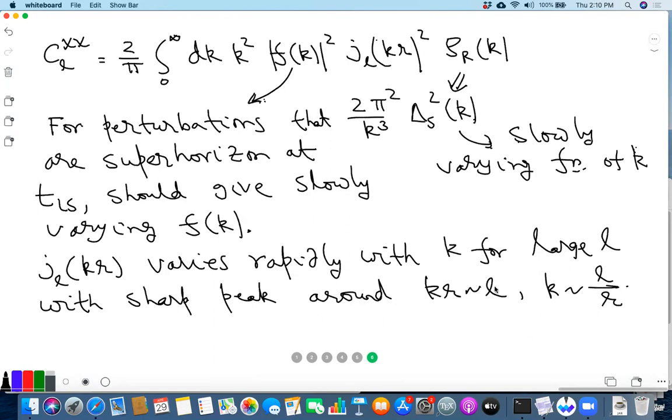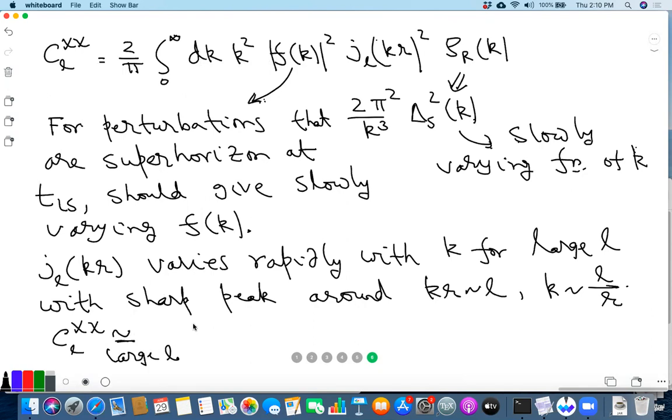So for large L, we can write C_L^{χχ} for L large. Of course, you can calculate this for small L also. And as Harshit was saying, you may miss a small part of this integral because those modes haven't exited the horizon, but those are very small contributions anyway, so you don't really need to worry about it.